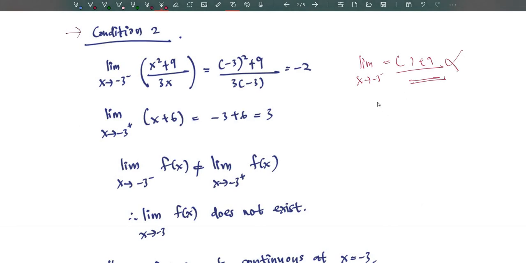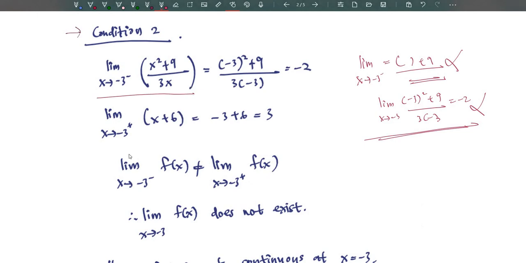This one is wrong. Another one that is wrong is like this: limit x approaches negative 3, and right away you substitute the value, let's say like this, equal to negative 2. This way is also wrong. Please write it correctly.